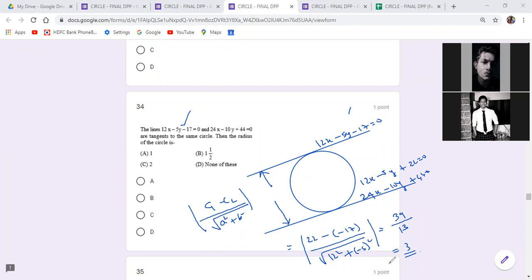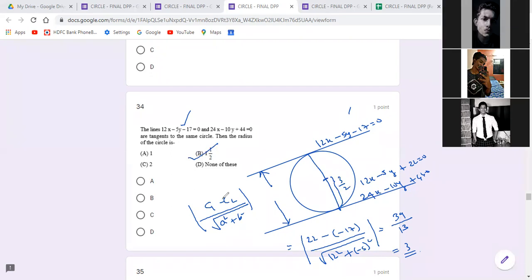But sir, you have to halve it, because it's the diameter. So the radius will be 3 by 2, which is 1.5. Fine. Yes, sir, I'll fix it. The 34th sum is done. Okay, 38th.